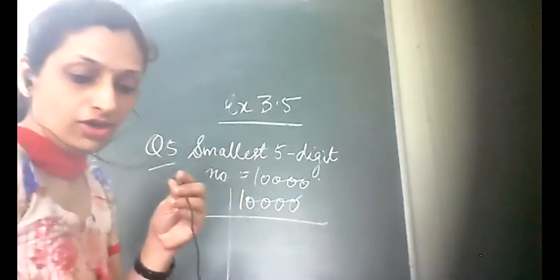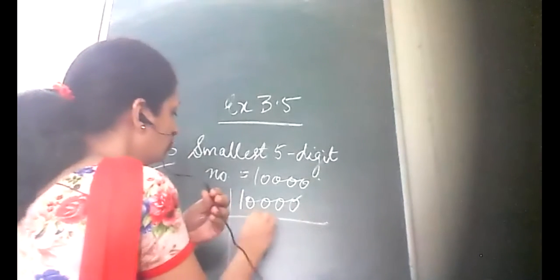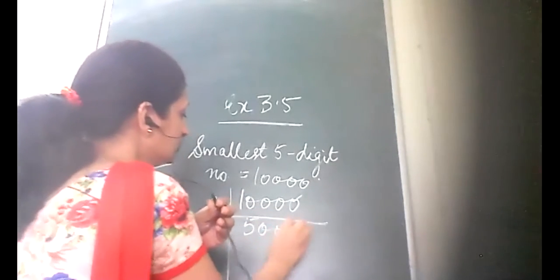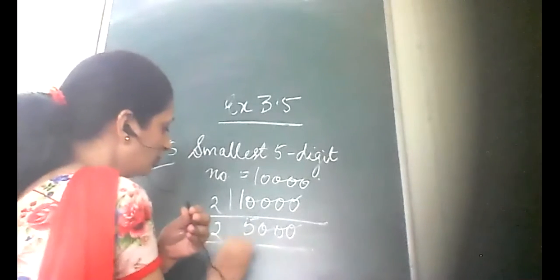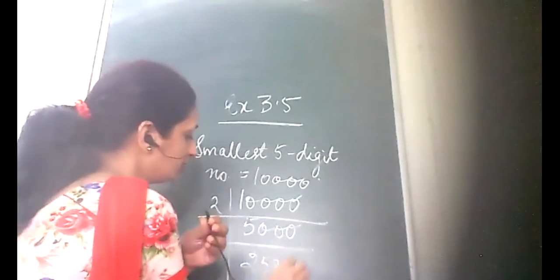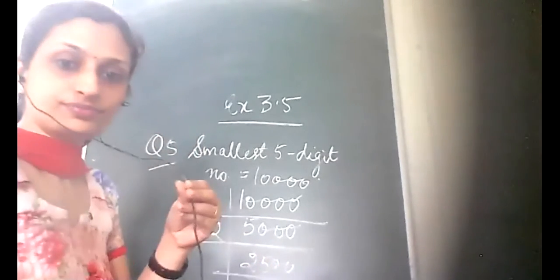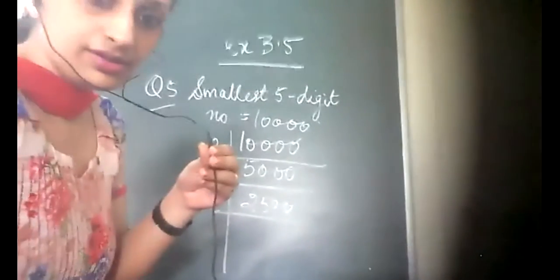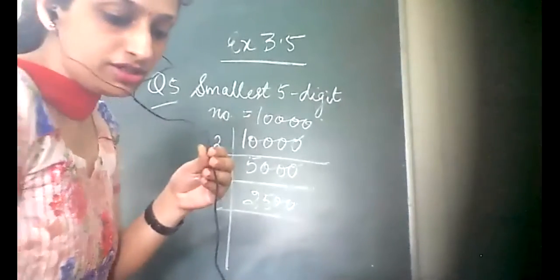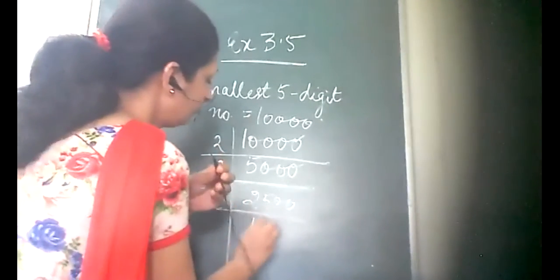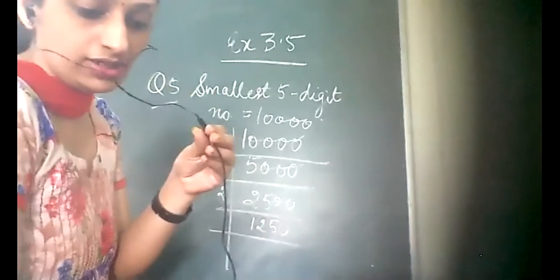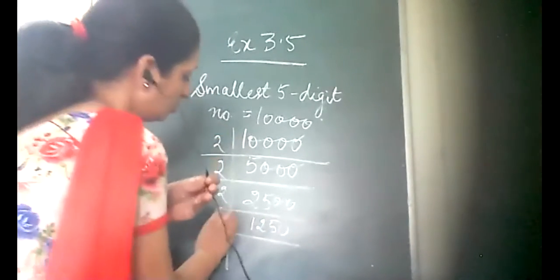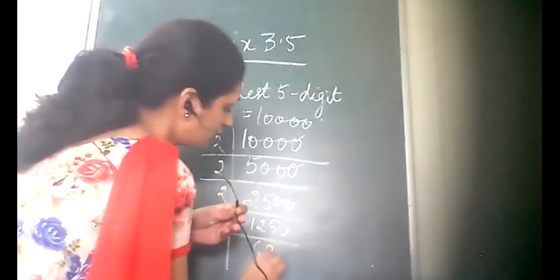10,000 goes in the table of 2. 2 5,000s are 10,000. Again, we'll take from the table of 2, 2 2,500s are 5,000. Then again, it will go in the table of 2, 1,250. Then again, it will go in the table of 2, 2 6s are 12, 625.